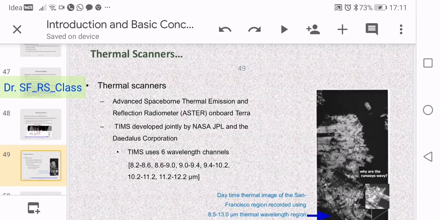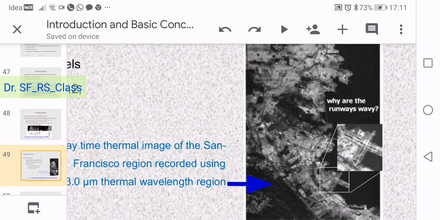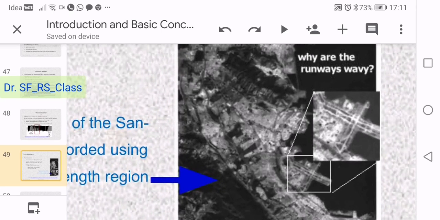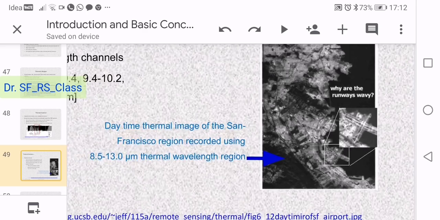It maps all the spectral bands, and you can see in the figure here that especially in the airport area, the runway can be seen wavy, which is because of the heated air above the runways.